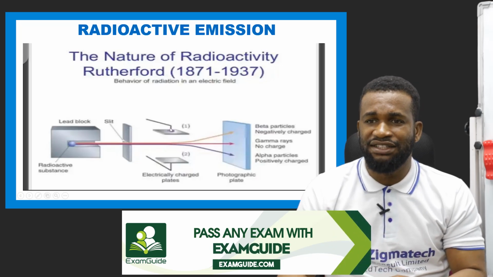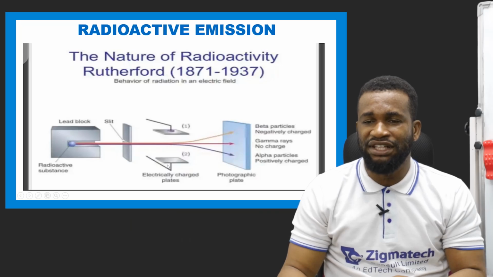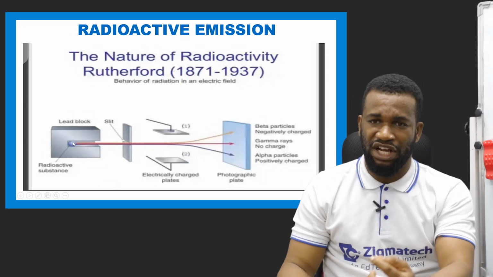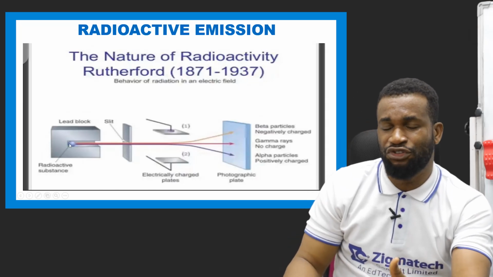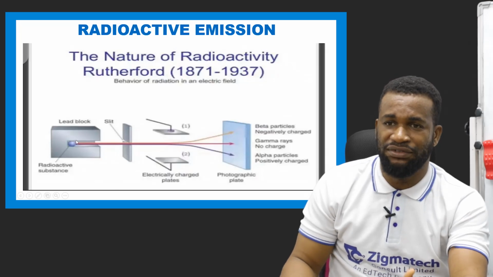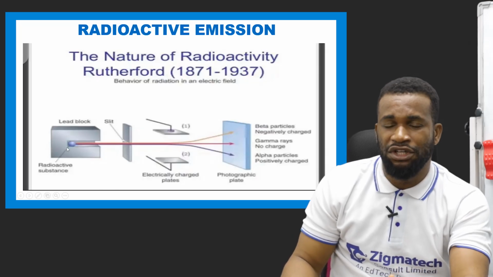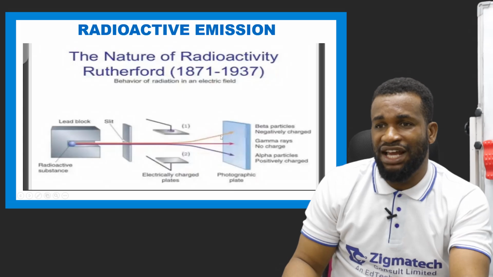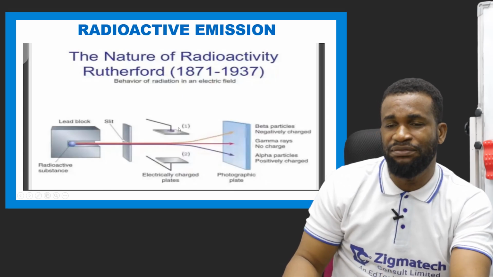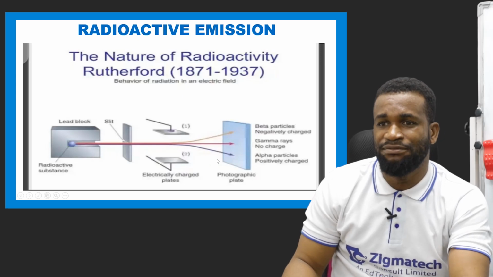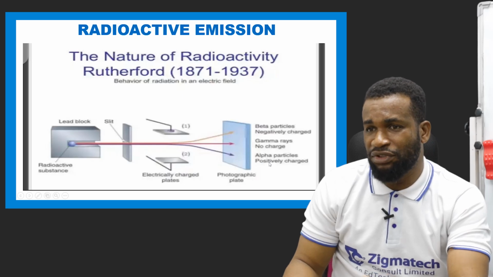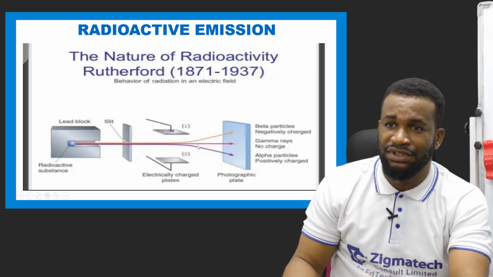When you place an electrical charge near these radioactive substances and observe the emission of radioactivity, you realize that the beta particle is always attracted to the positive charge, and the alpha particle is always attracted to the negative charge.